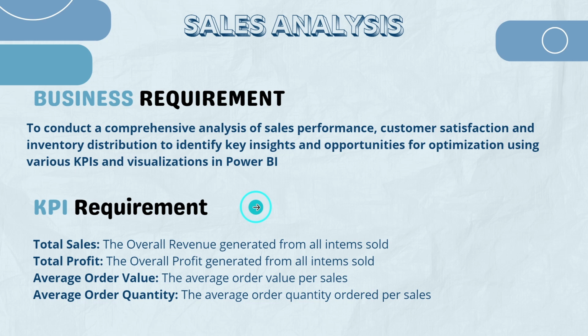KPI basically means key performance indicators. Key performance indicators give us a very high level idea about what is happening or about the insights which we are getting from the report. The KPIs basically represent the numbers which we can use at a higher level to get a very summarized idea of the dashboard or the insights which are getting generated from the dashboard.